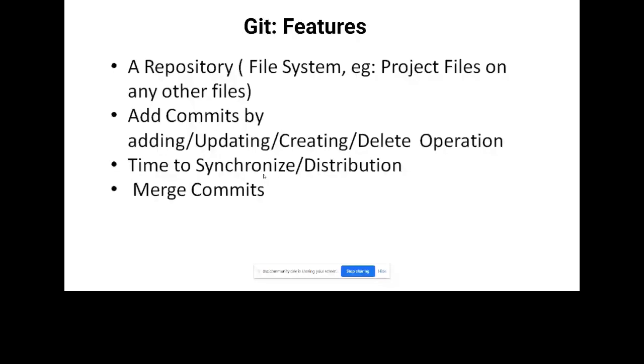Git provides us a feature of repository, which we will discuss, and it provides the feature of commits. It provides time synchronization and distribution, and you can merge commits. Merging commits means you can collaborate with other developers. The code they are pushing to your application, you can merge into your application.